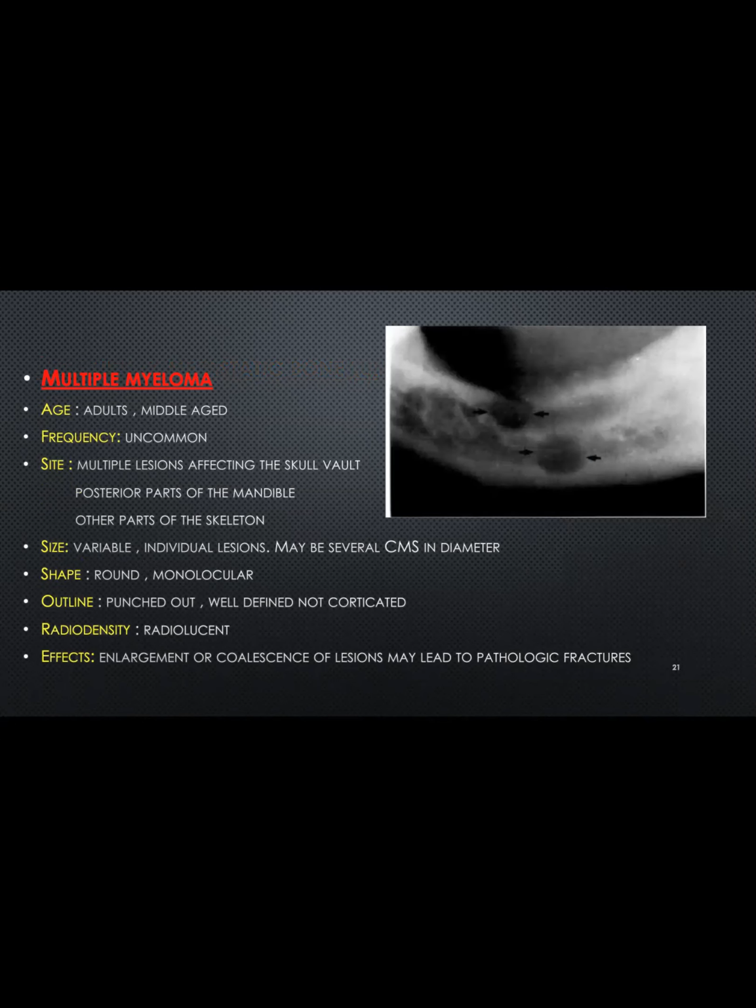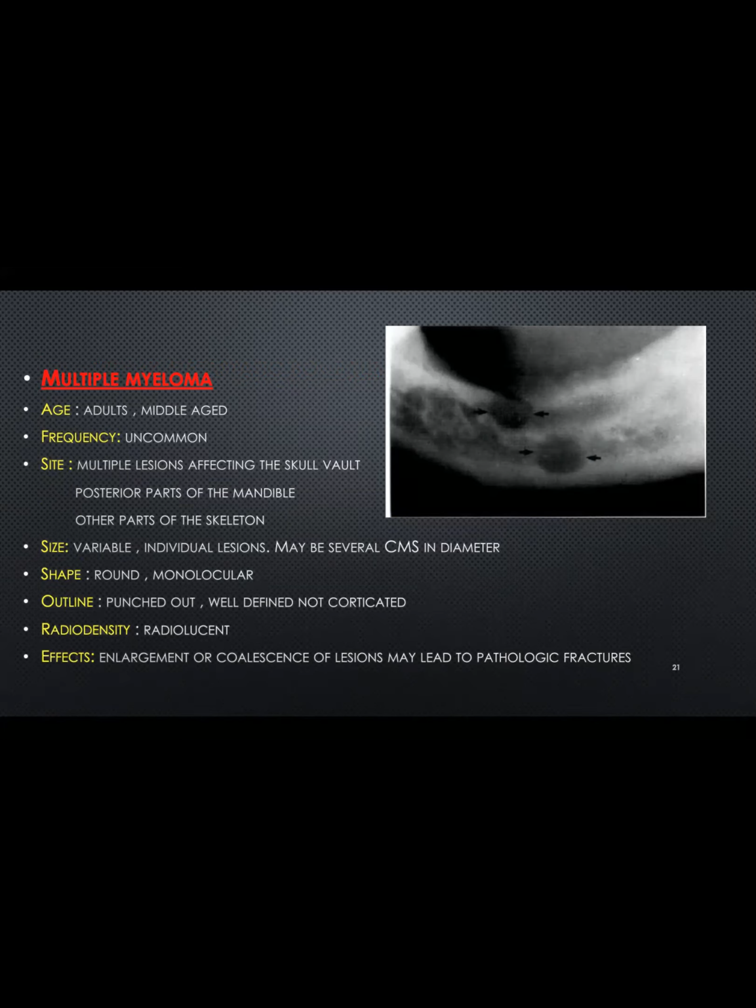Now, multiple myeloma. Multiple myelomas are multifocal proliferations of the plasma cell series within the bone that result in overproduction of immunoglobulins. This happens in adults or middle-aged people. It's not common, but sometimes you have multiple areas, and that could also lead to pathological fractures, because if you have multiple areas of destruction, they're going to make the bone quite weak.